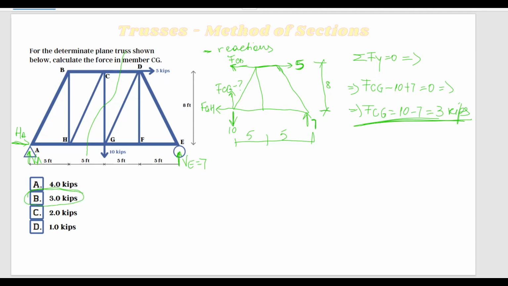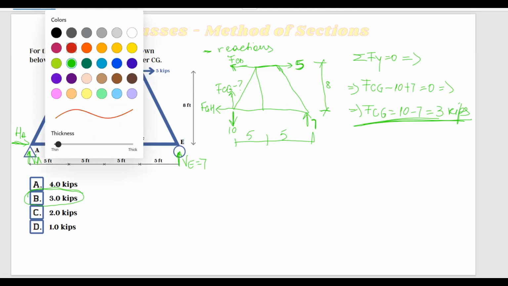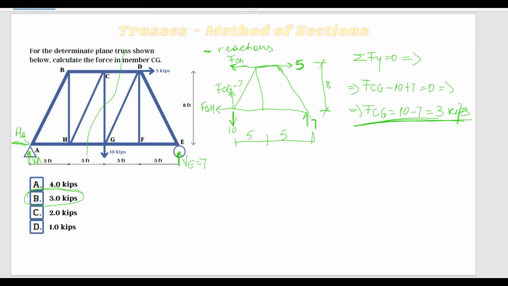And you know, since this was so easy, let's try and calculate the force in member CG using the left side. So if I want to draw the left side, let's see, I have one line down here, I have one line down here, and then one like this.